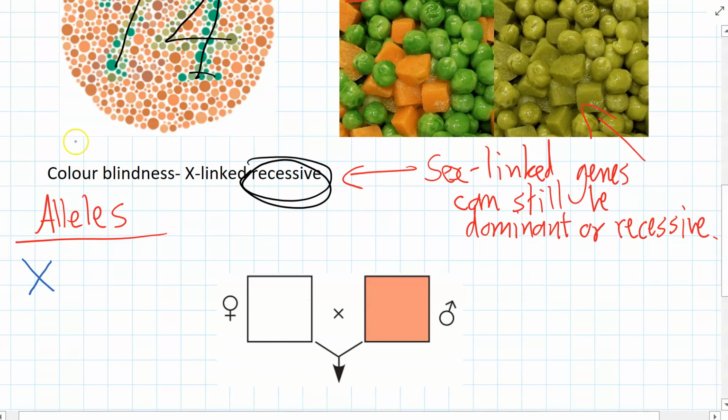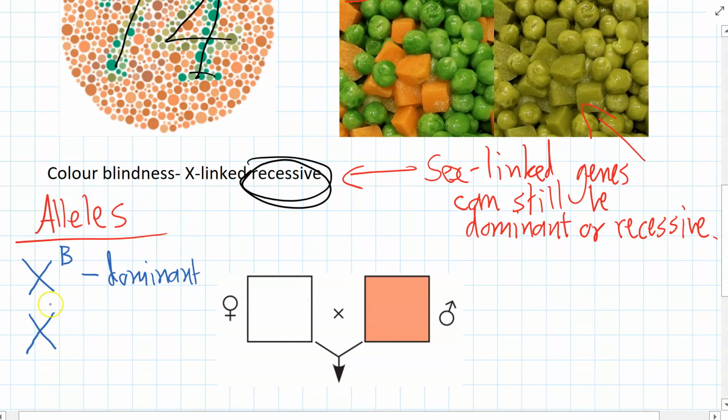So for colorblindness, we'll use the letter C. Actually, I'll use B. It's easier to tell the difference. So an allele that's on the X chromosome that's dominant, we'd write like this with the capital B.